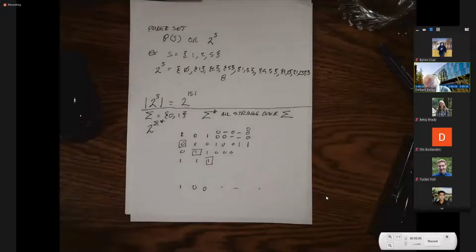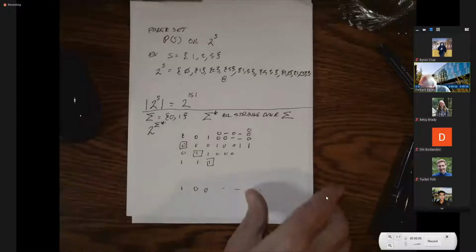Then let's go on to proofs. So what is a proof? Some people think that a proof can get to some kind of, especially if we use logic, that we can get to some kind of absolute truth.